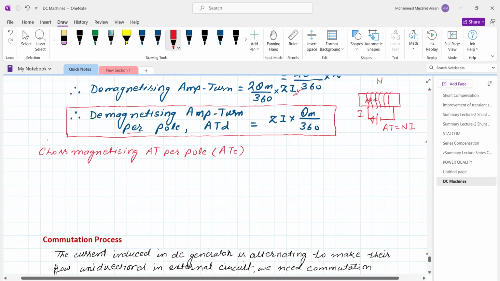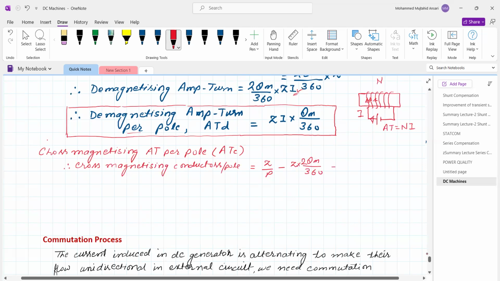So we can write the cross magnetizing conductors per pole, which is equal to the total number of conductors Z divided by P, minus the number of conductors responsible for demagnetizing, which we have already calculated as Z multiplied by twice theta m upon 360.